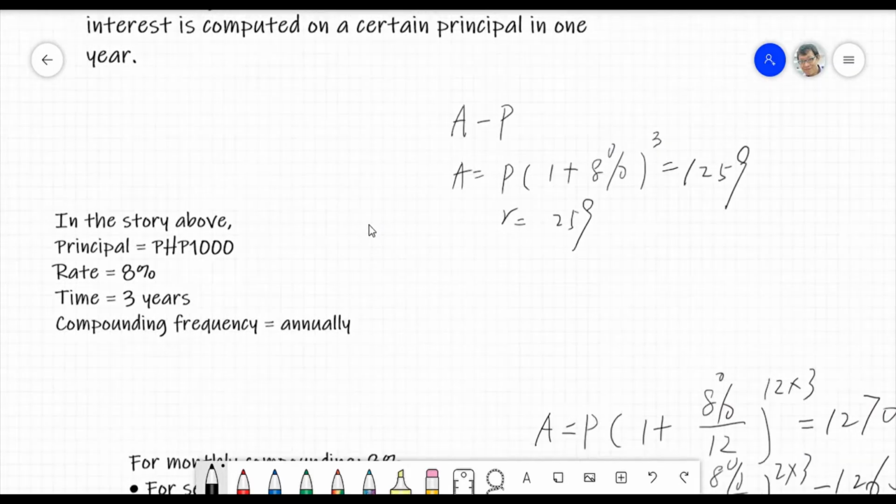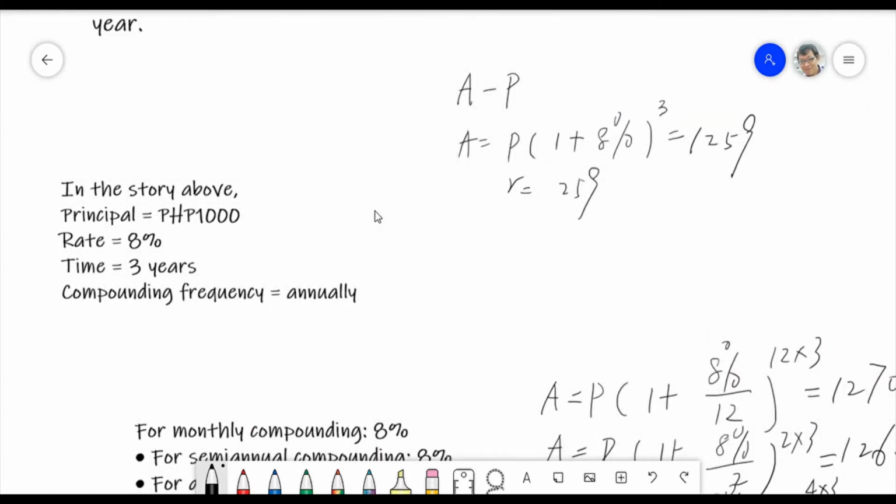Now we have an example to explain that. Remember, we have everything the same: 8% and 1,000. The simple interest was 240 just now, right? This is 3 years, and the compounding frequency is annually, so this is yearly interest.